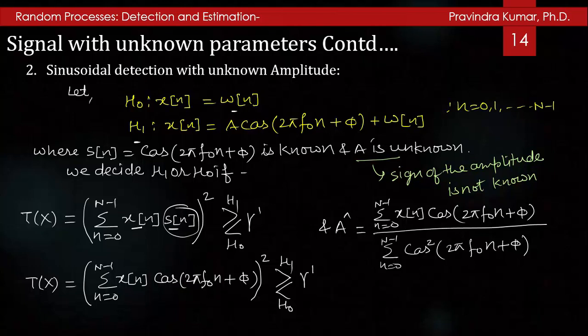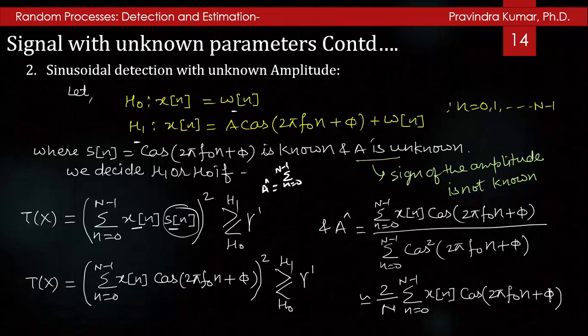And the approximated value of this is 2 by N times the summation from n equals 0 to N minus 1 of x[n] cos(2 pi f0 n plus phi), because from the previous slide you know the estimated value of A is the summation of x[n] s[n] divided by the summation of s square[n].